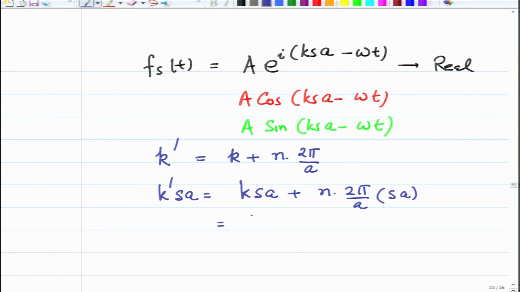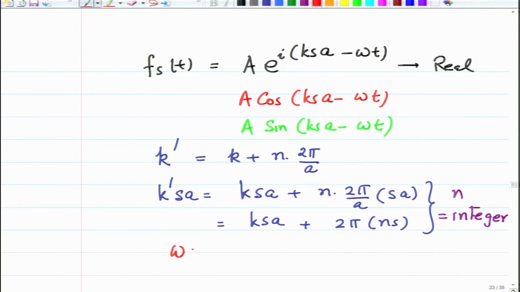So, this becomes k s a plus 2 pi times n s, where n is an integer. So, I can add 2 pi by a or any integer multiple of it, and at the same time omega of k prime is equal to omega of k, which we have already discussed in detail.